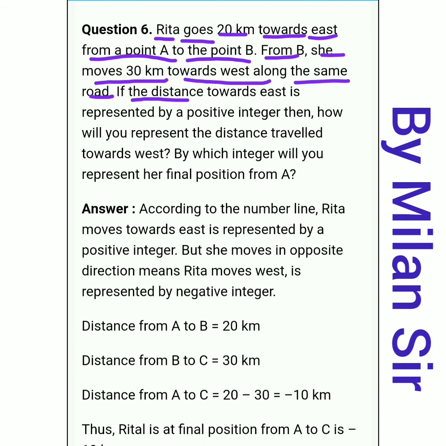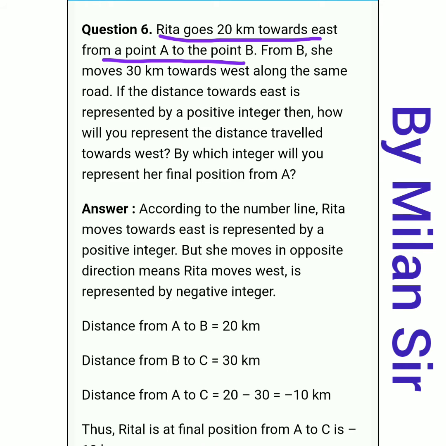If the distance toward east is represented by a positive integer, then how will you represent the distance traveled toward west? By which integer will you represent her final position from A?